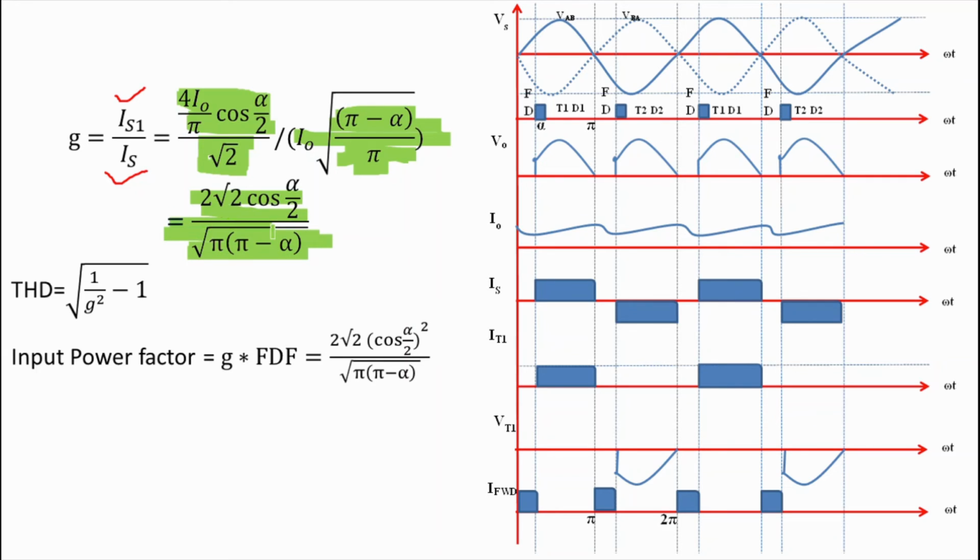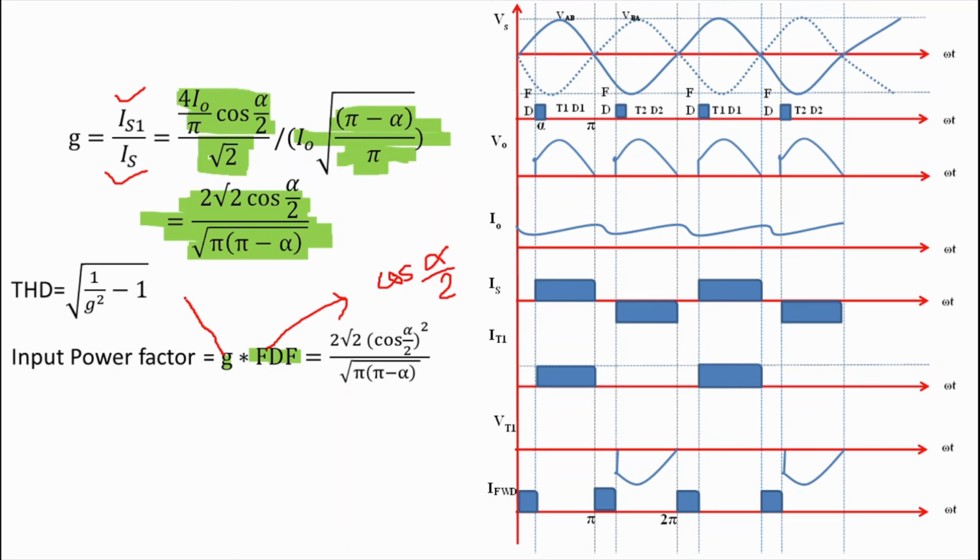For input power factor cos phi, you simply multiply the distortion factor with the fundamental displacement factor. So on multiplying this, we get 2 root 2 cos alpha by 2 whole square divided by under root of pi minus alpha. So this is the expression for power factor.